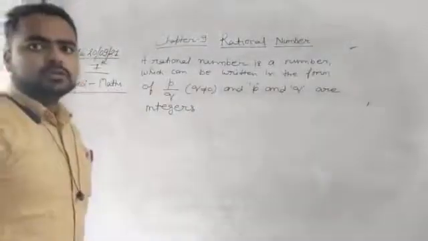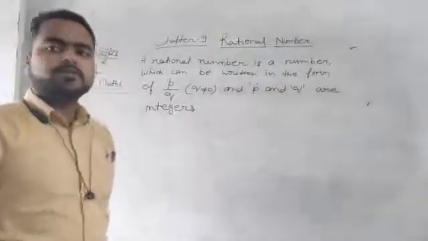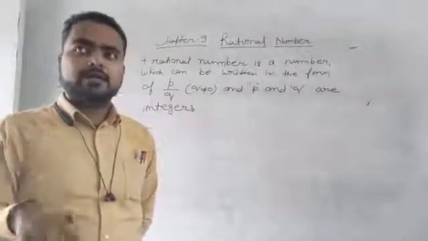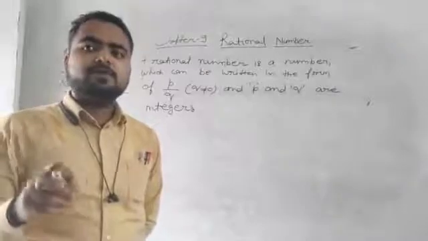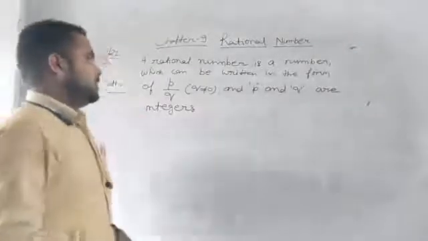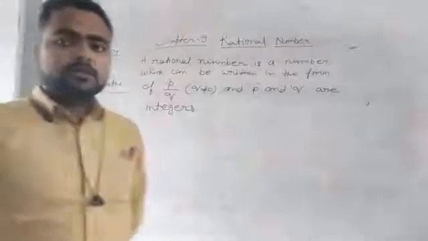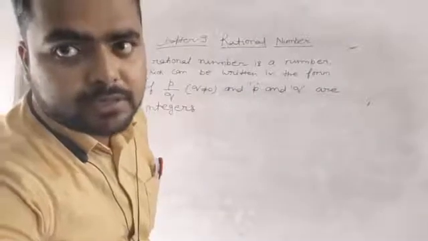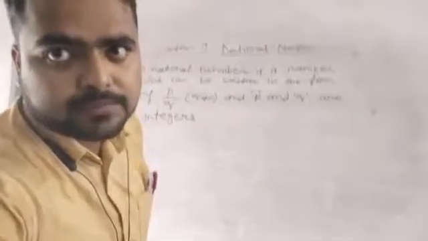Okay, so a rational number is a number which can be written in the form of p by q, where p and q are variables, and we assign the values of p and q as integers. Okay, and always remember that the value of q is never equal to 0 here.